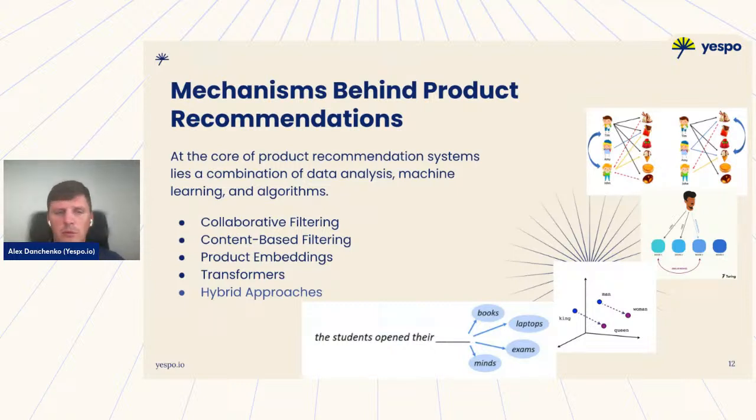The next powerful thing that also arises from transformers is product embeddings. Eventually, it started as just trying to change the text into digits so the computer would understand it better.